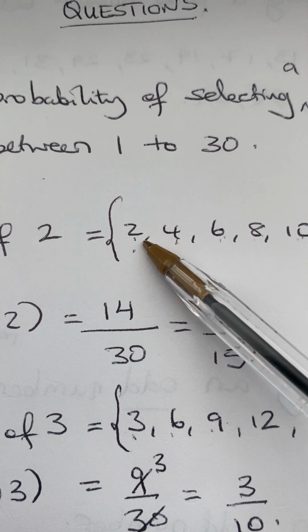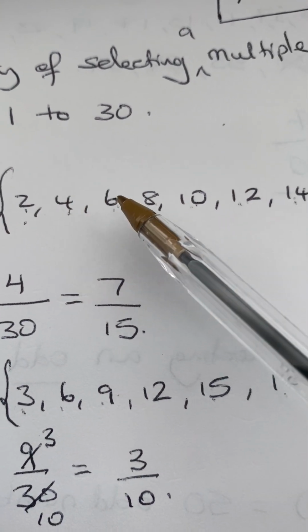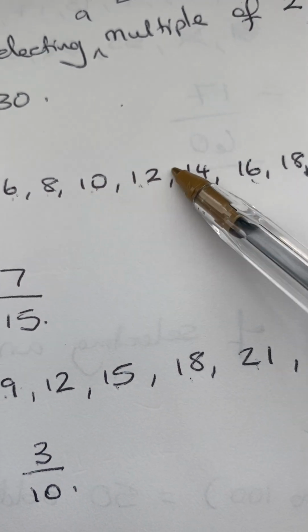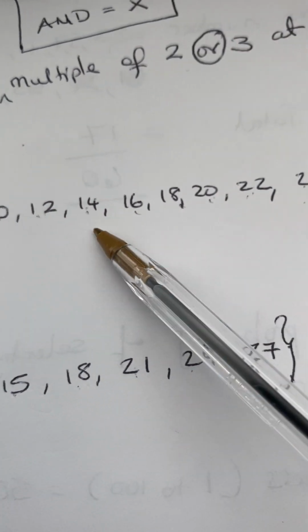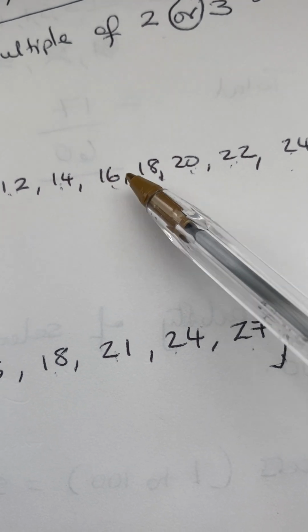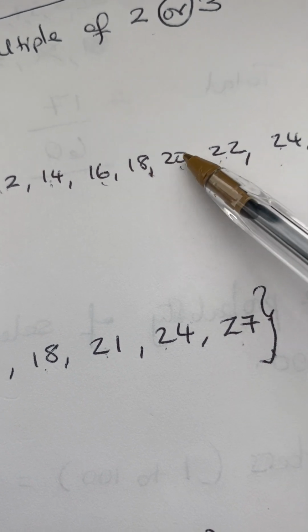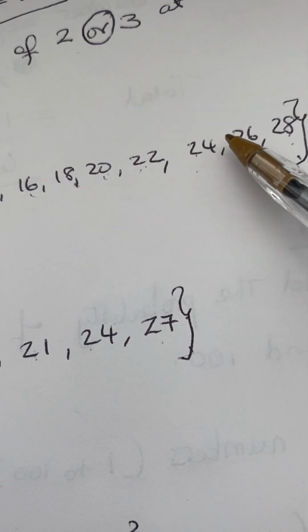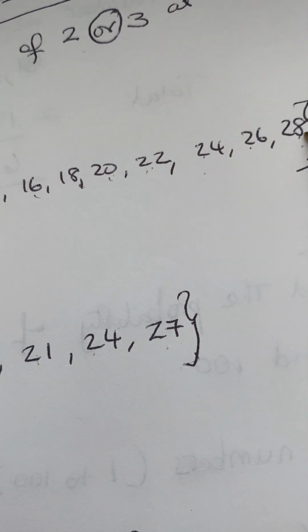So we have 2, 4, 6, 8, 10, 12, 14, 16, 18, 20, 22, 24, 26, 28.